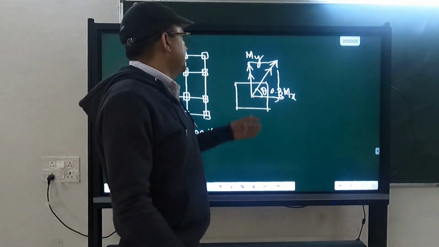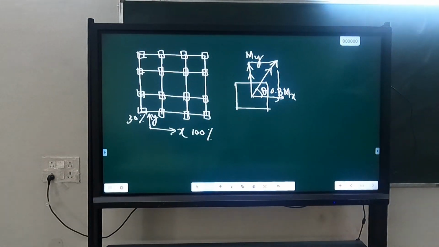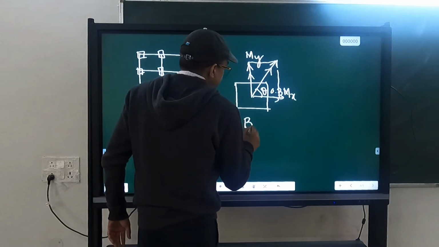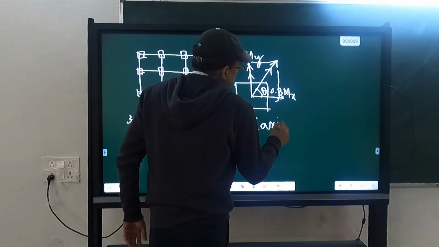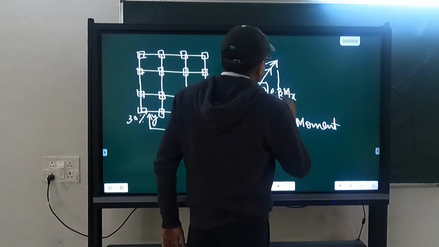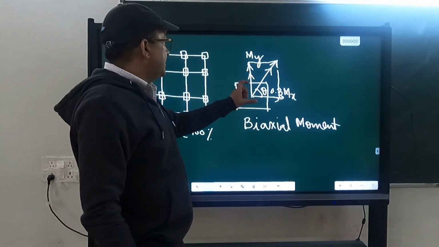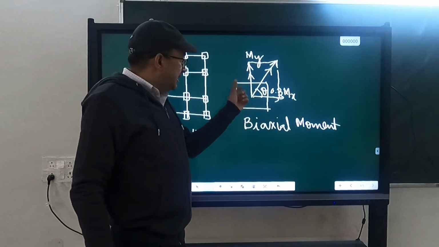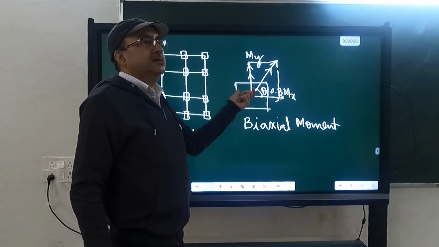Either you can say that this is at an angle theta, or you can say that it is subjected to moment about both axes, biaxial moment. This is what we call biaxial moment, moment acting on both the axes. The resultant of that biaxial moment is given by an angle theta.